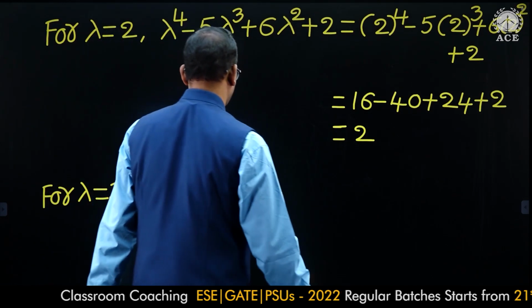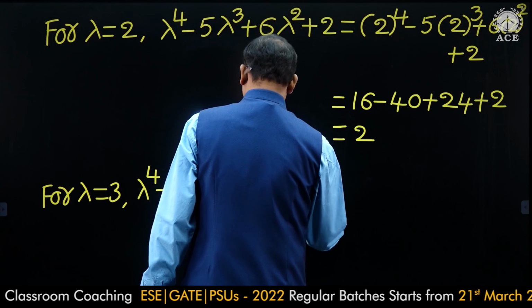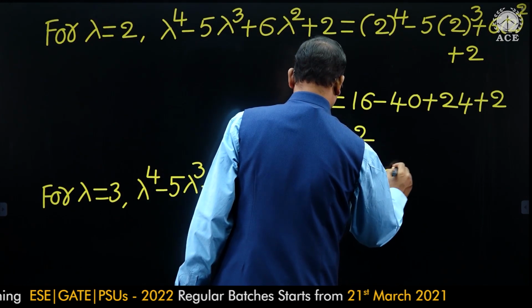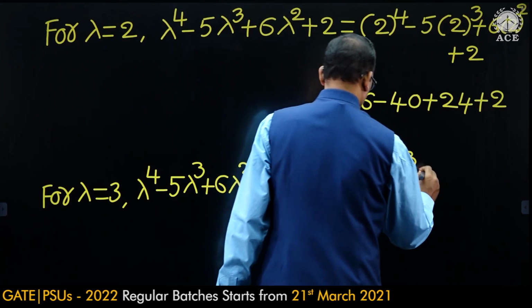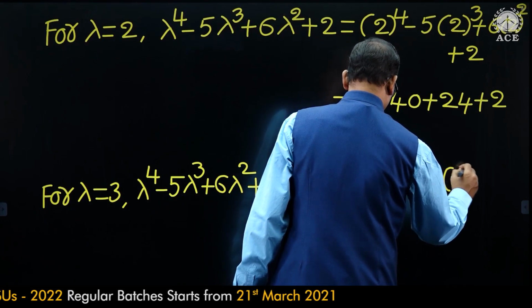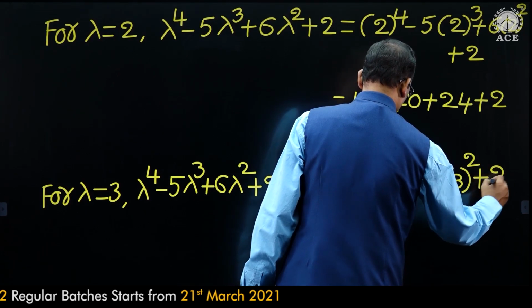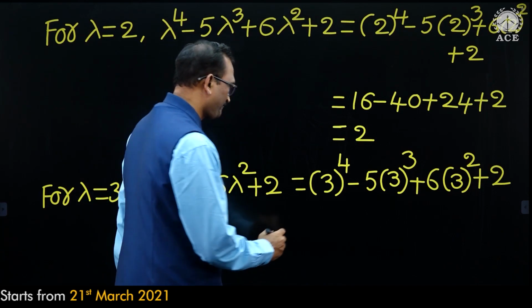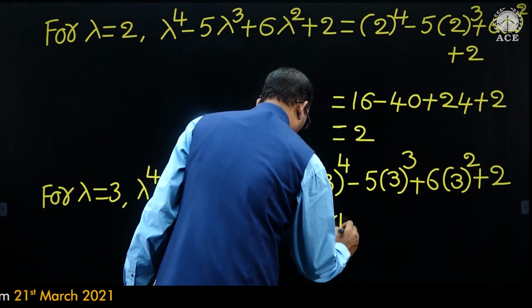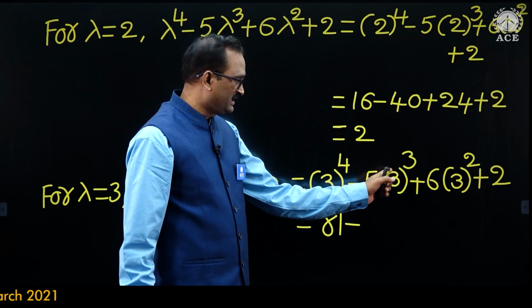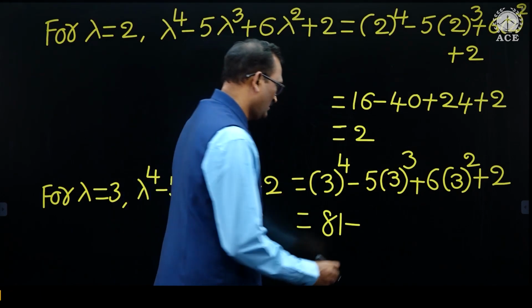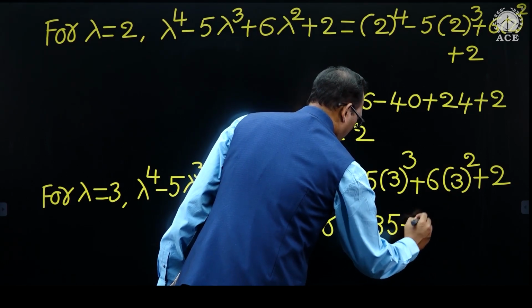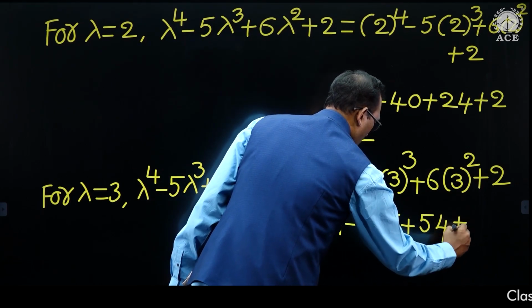Lambda value 3, substitute there. 3 to the power of 4 minus 5 into 3 cube plus 6 into 3 whole square plus 2. 3 to the power of 4 that is 81 minus 3 cube 27 into 5, 135, 54 plus 2.